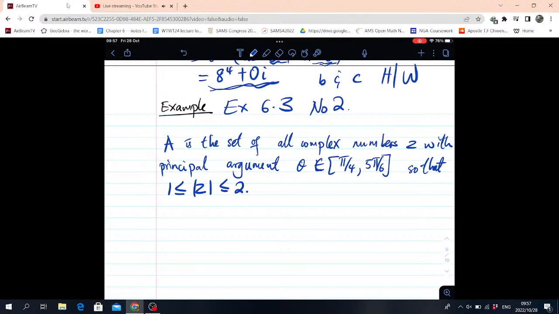So here, we can write this in set form. This is the set of all complex numbers that satisfy this.